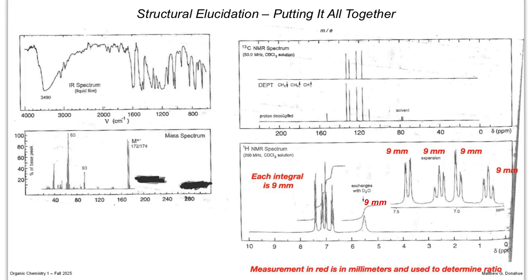So here's another set of data from that same book. I've retracted the names of the people involved here, so the molecular formula is not shown. You've got to figure out from what is there how many carbons, how many hydrogens, and then what the heteroatoms are.